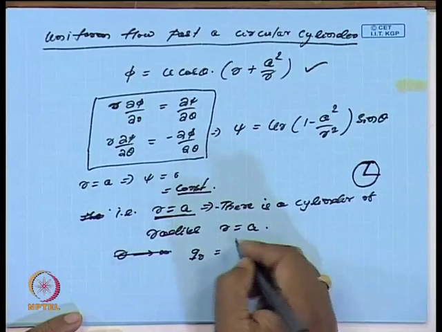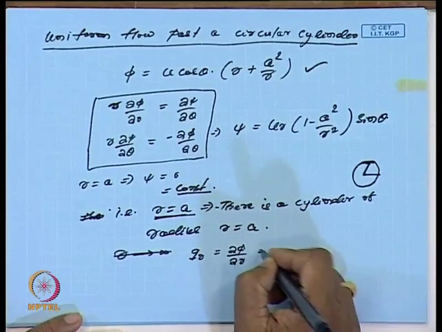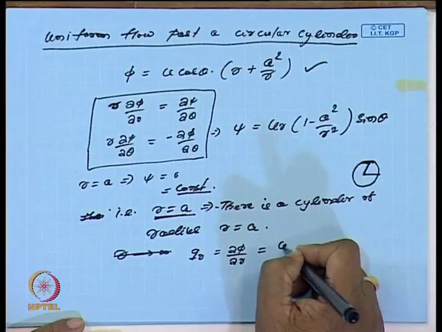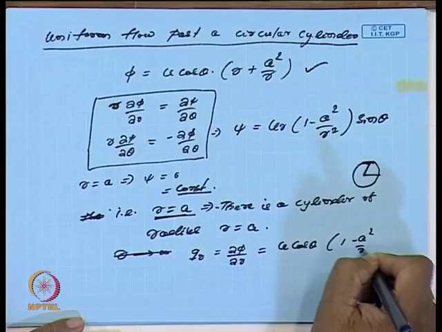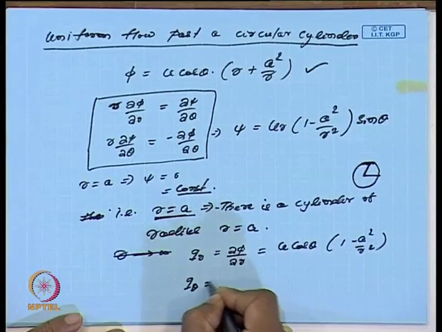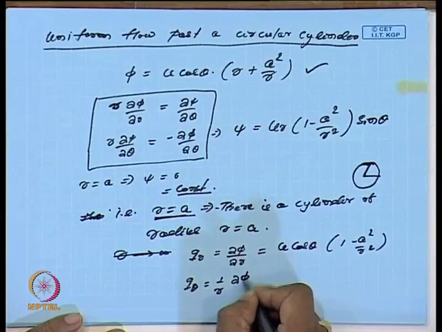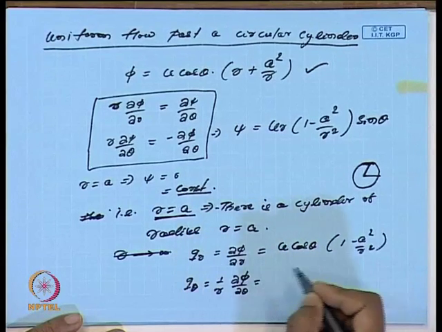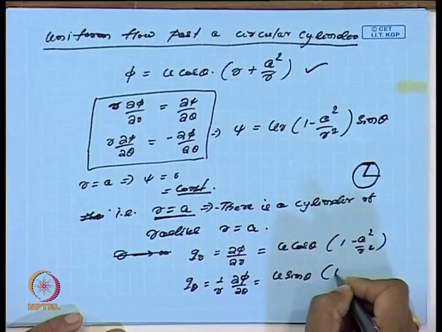So, q r is del phi by del r, and this is u cos theta (1 minus a square by r square). And what is q theta, the tangential velocity? That is 1 by r del phi by del theta, and that is again u sin theta (1 plus a square by r square).